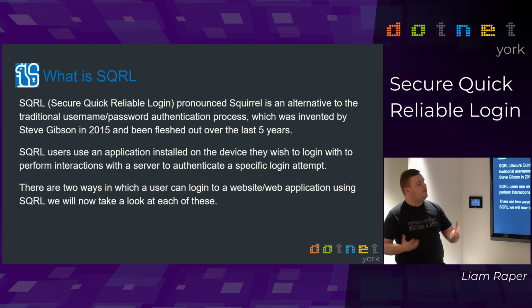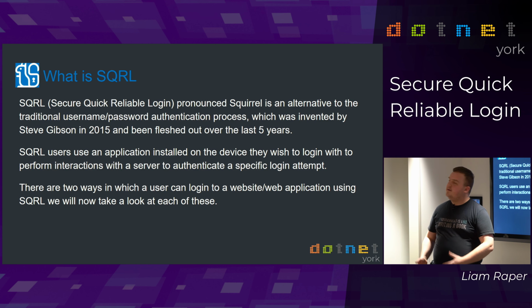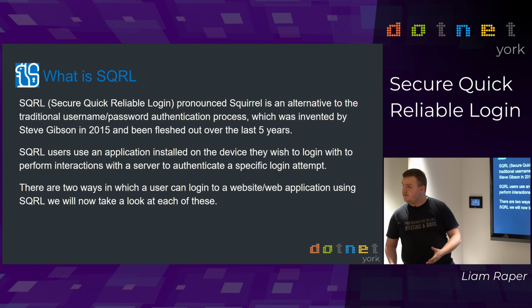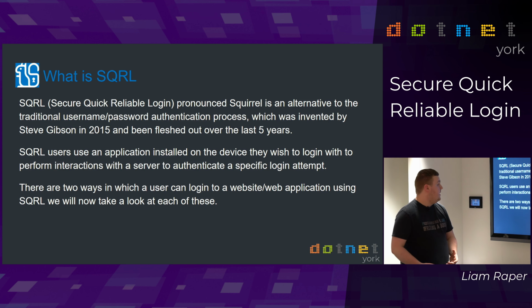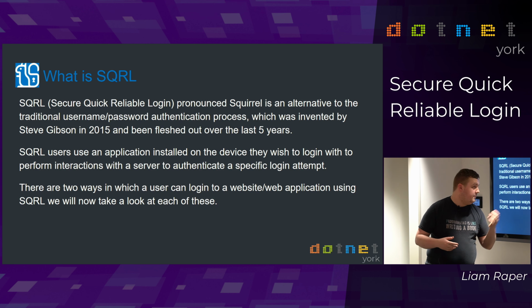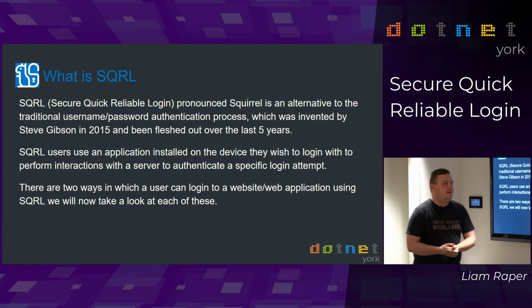So he thought about how login can be made easier, better, more user-friendly, and still keep the security. He came up with SQRL in about 2015. It's been a long time, five years now.